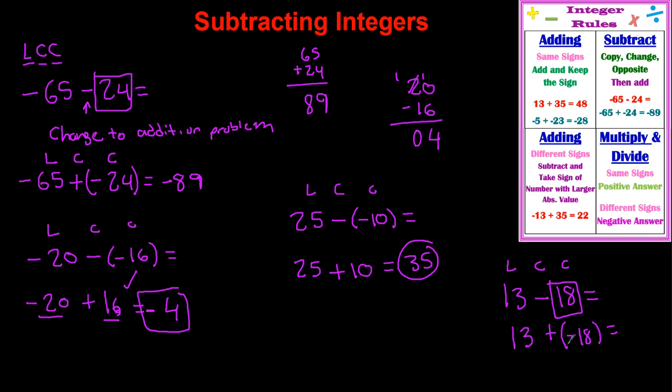Now signs are different, so we need to subtract and keep the sign of the higher absolute value. So 8 minus 3 is 5. What has the higher absolute value, 18 or 13? It'll be 18. So my answer is negative 5.